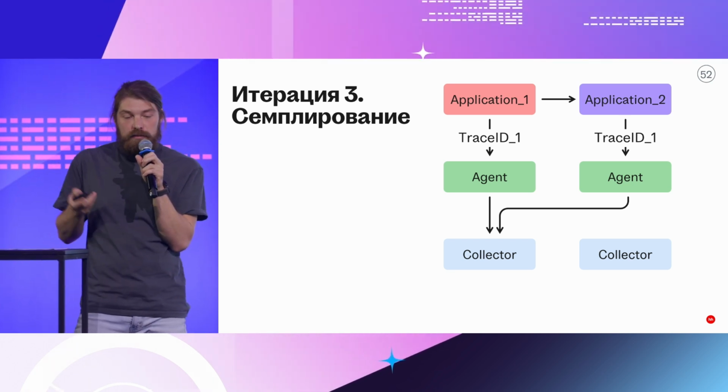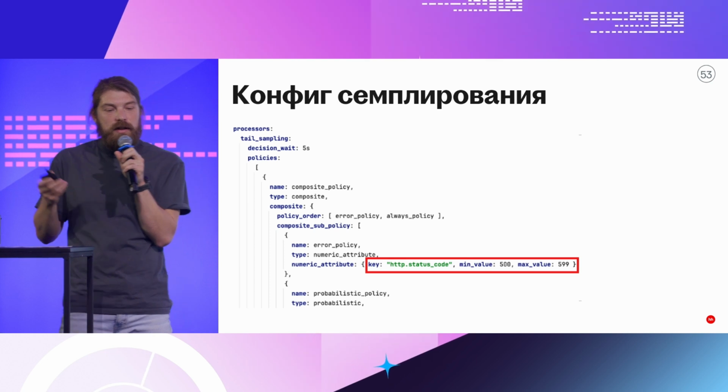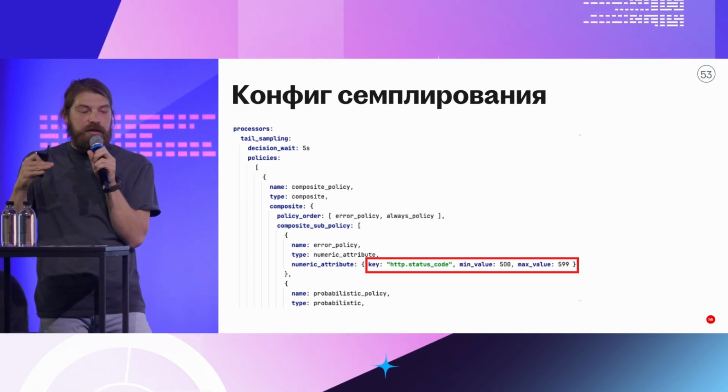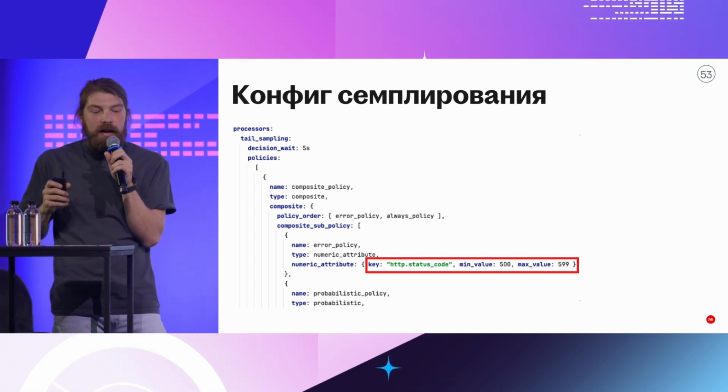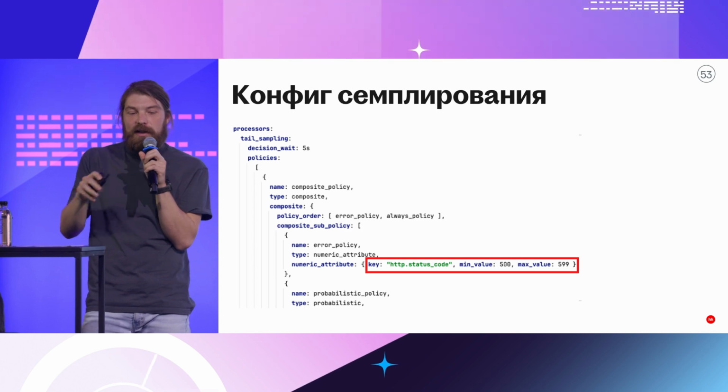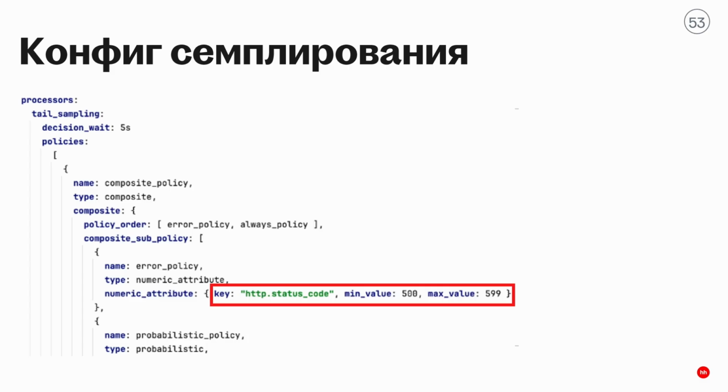Let's see how we configured all of this. So this is a part of our config, the sampling config. The red here marks the part that's important for us. We see here whether this request had at least a single error, like 500 or above.